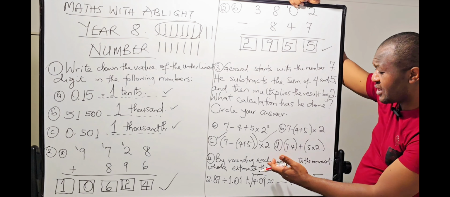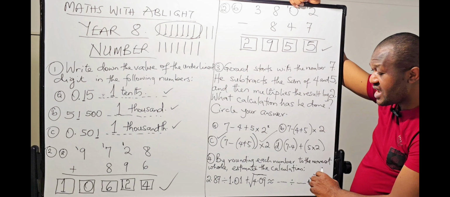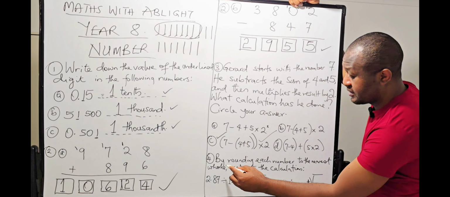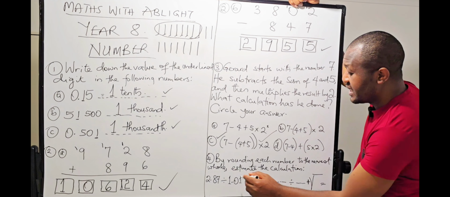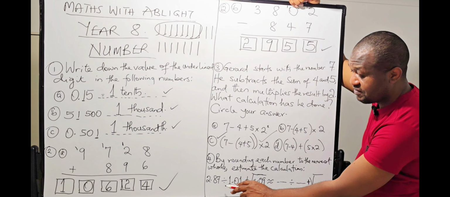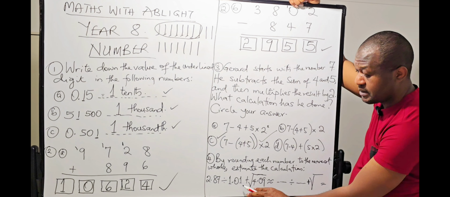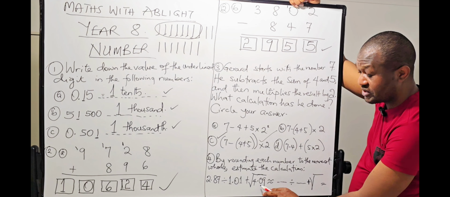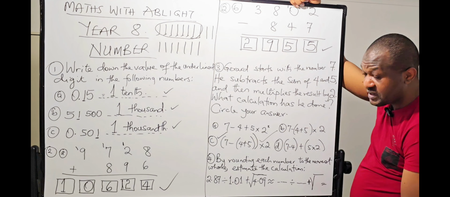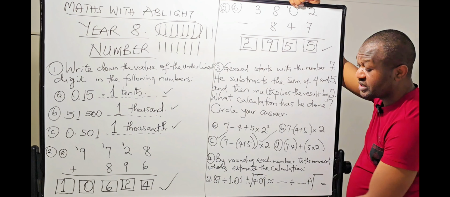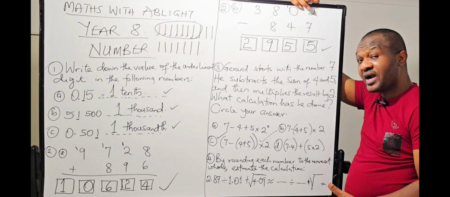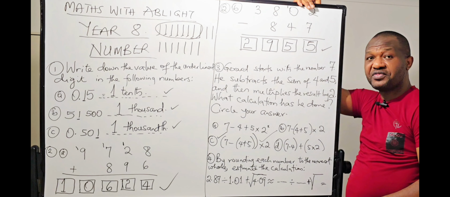Then the last one says, by rounding each number to the nearest whole, comma, estimate the calculation. 2.87 divided by 1.01 plus square root of 4.09 is approximately equal to, they want you to fill these spaces. 2.87, when you round it up to a whole number, it's going to give you 3.